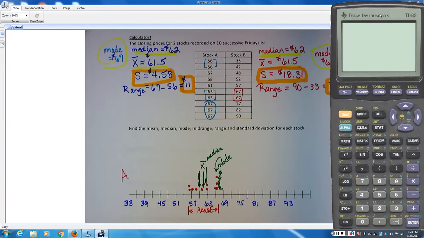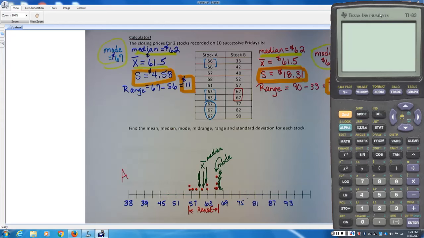If you're given the variance for a set of data and you need the standard deviation, you take its square root. And if you ever want the variance and you got the standard deviation, you just square the standard deviation. You just need to remember the relationship between the two.